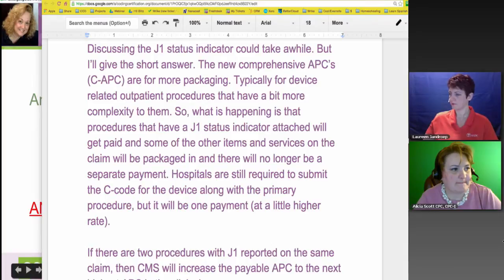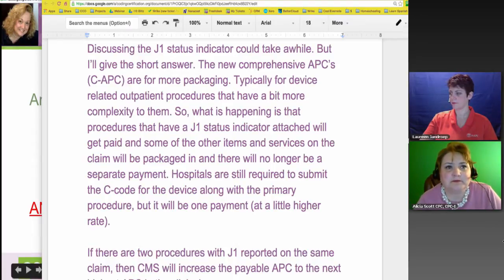These are typically for procedure codes in which we have to use a device, such as if you are placing a stent, whether it be a coronary stent or a vascular stent. The stent itself is the device.